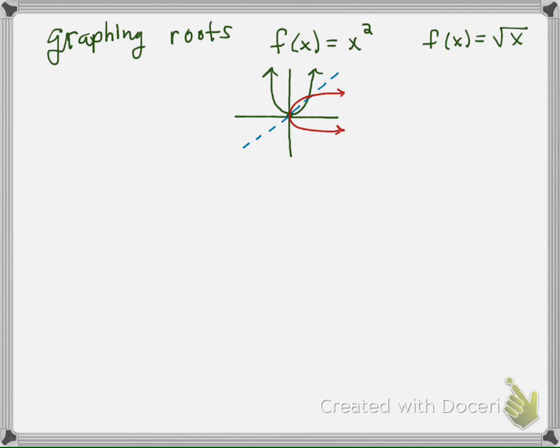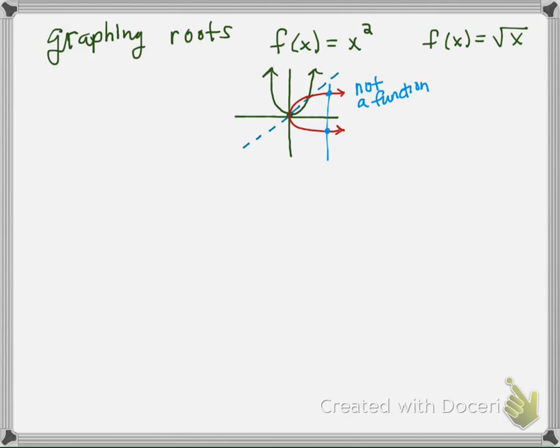It would not pass the vertical line test. So if we drew a line right here, like maybe where x is 7, we would have two outputs. If you have one input of 7 and two different outputs, then this is no longer a function. So there was a problem with this. So the inverse is not a function.